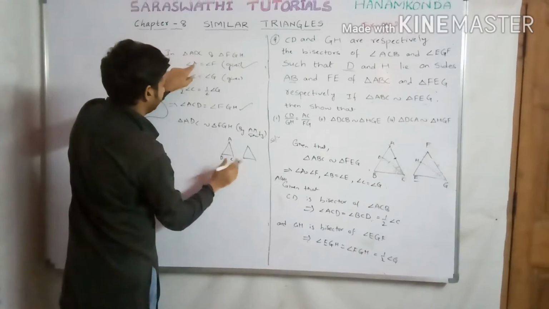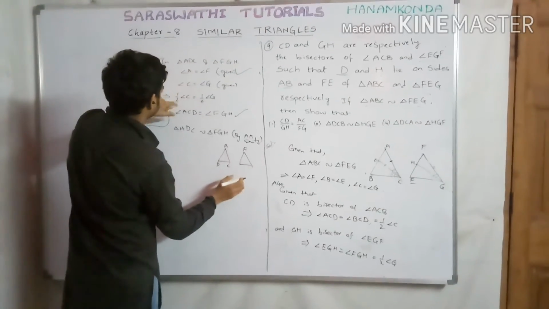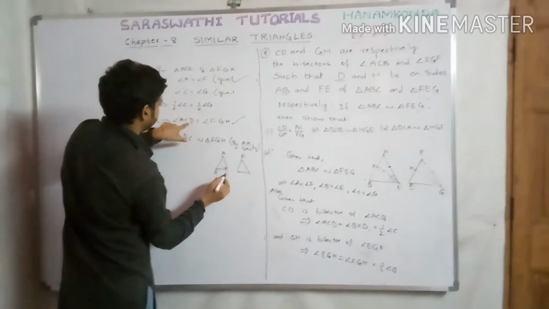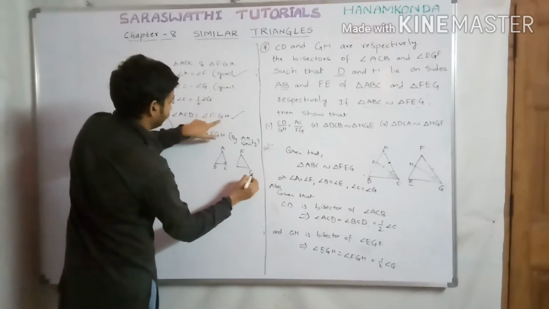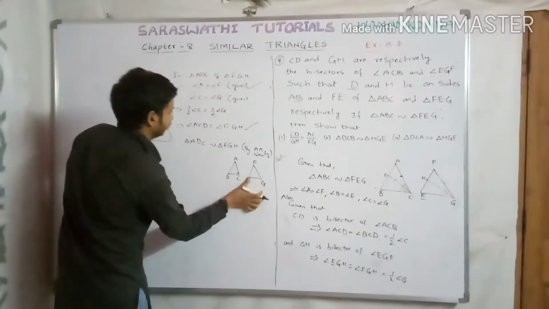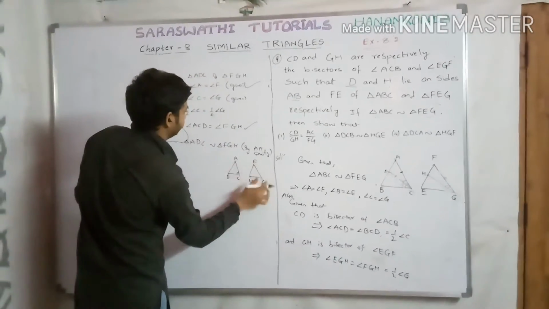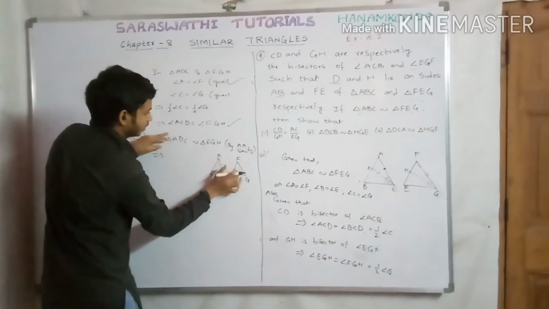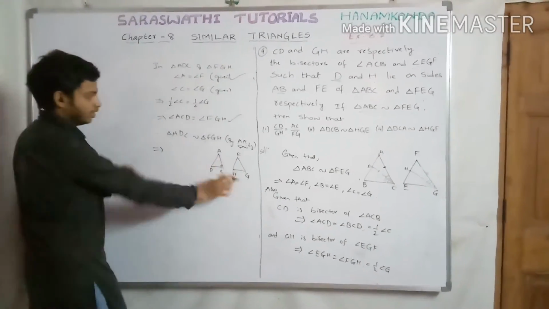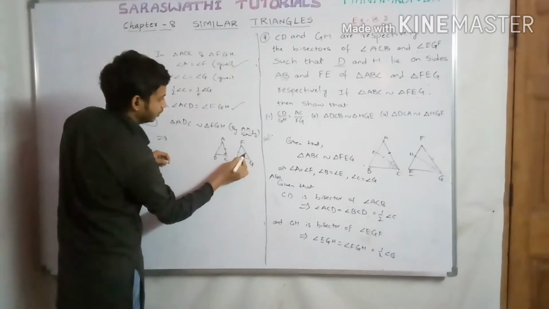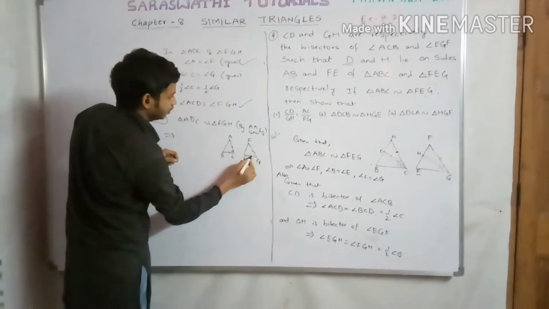Corresponding angle to angle A is angle F, and corresponding angle to C is G, that is FGH. Since these two triangles are similar, the ratio of their corresponding sides are always equal. That means AD by FH equal to AC by FG equal to CD by GH.